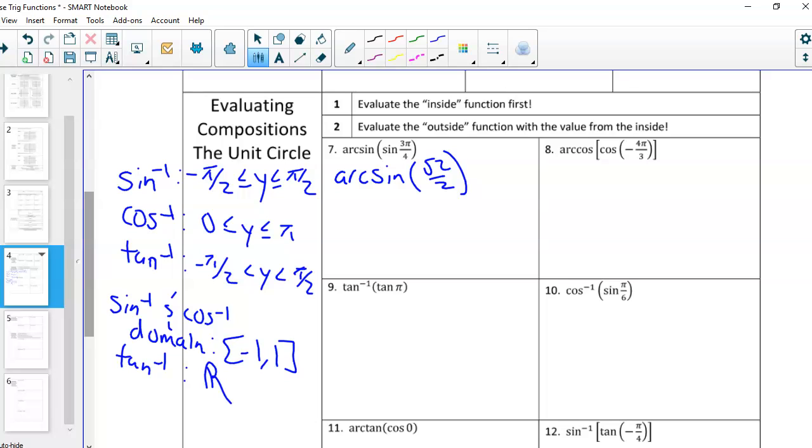Now we can answer this. Where in our range is sine equal to root 2 over 2? Pi over 4. So it's not the same angle that we started with, which is why these couldn't cancel. They couldn't cancel because it wasn't in the range. But that answer wouldn't have been our answer if we chose to cancel it.